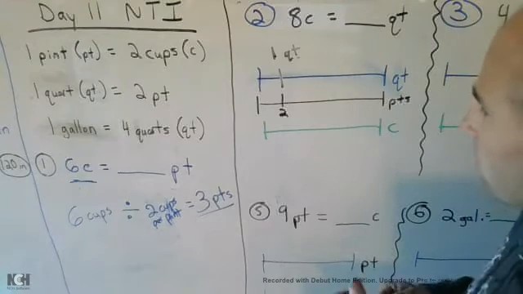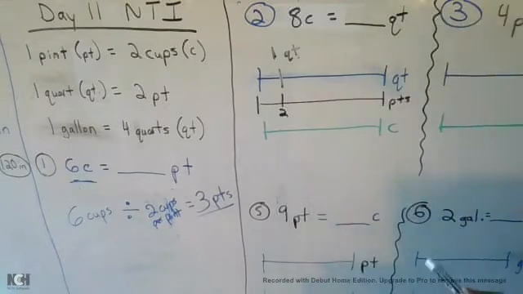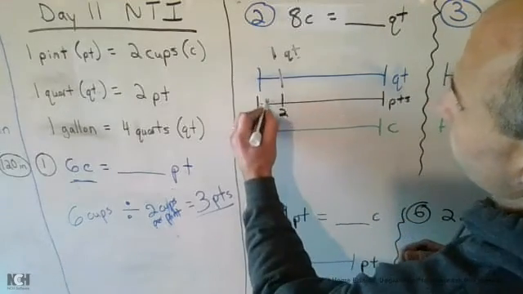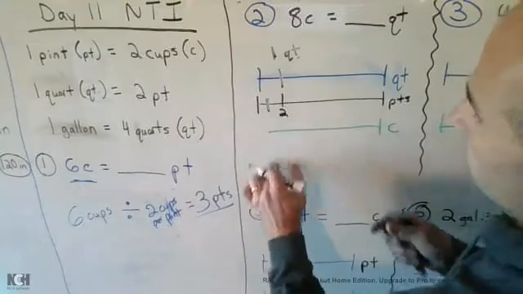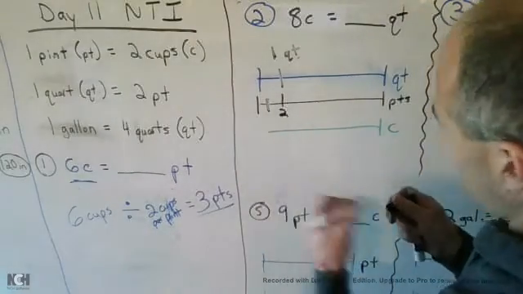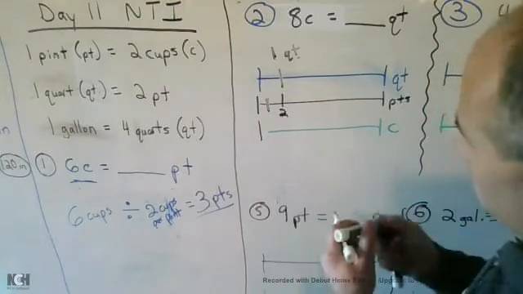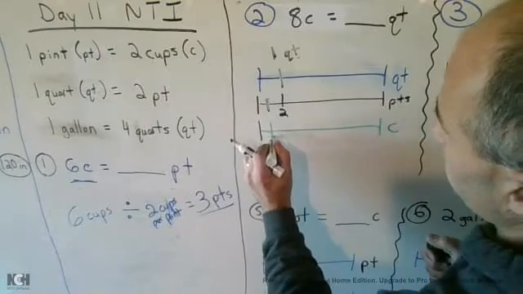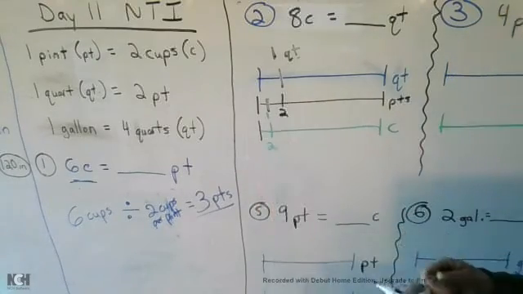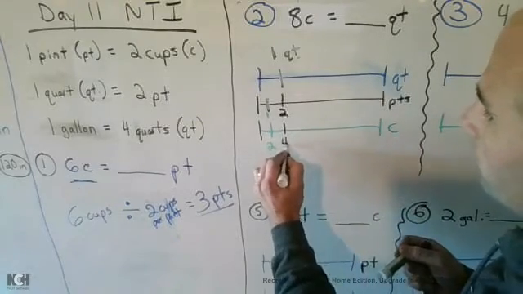And what I do know is 1 pint makes 2 cups. Therefore, 2 pints is going to make 4 cups.